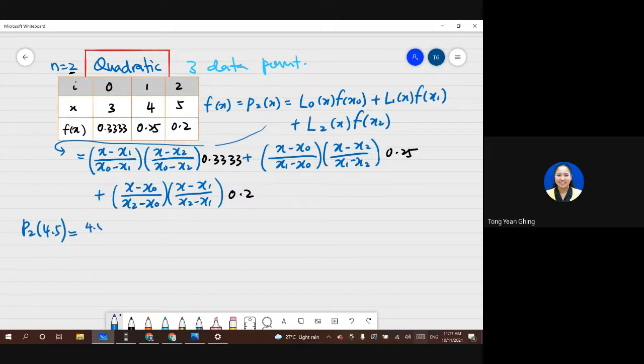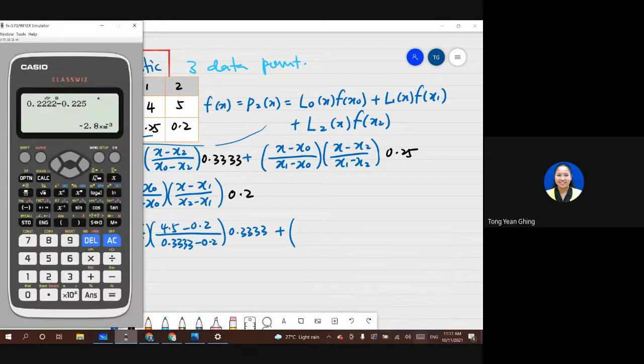So x is 4.5 minus x1, which is 0.25, divided by x0, 0.333 minus 0.25, times 4.5 minus 0.2, 0.3333 minus 0.2 times 0.3333, plus this one. Okay, if you don't want to, just substitute, otherwise just use the calculator. This one I use this calculator.